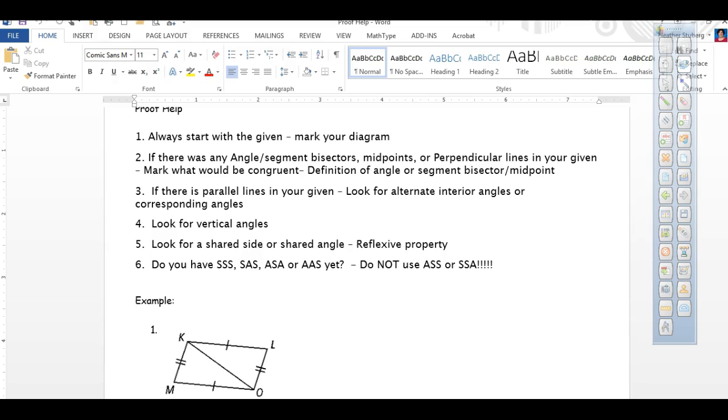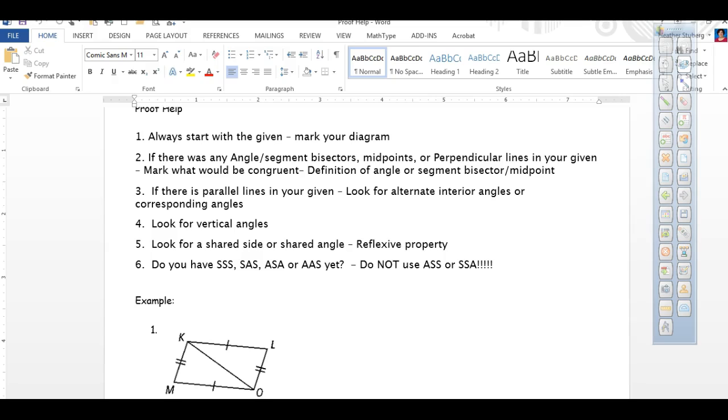If you've got angle bisectors or segment bisectors, you've got stuff that's congruent. If you've got perpendicular lines, you're going to have stuff that's congruent. If you have parallel lines, and that was on yesterday's assignment, you've got to look for either alternate interior angles or corresponding angles. You always look for vertical angles, you always look for a shared side or a shared angle. That's going to be reflexive.